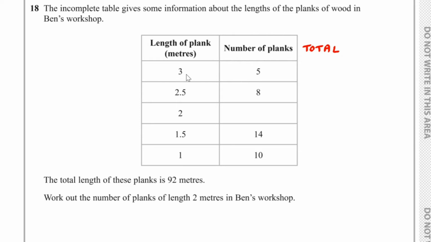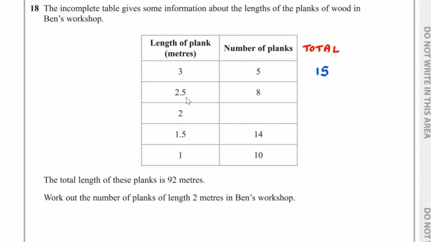So the total for the 3 meter planks, we've got 3 times 5, which is 15. So we've got 15 meters in total. For the number of planks, we've got 8 2.5 meter planks.